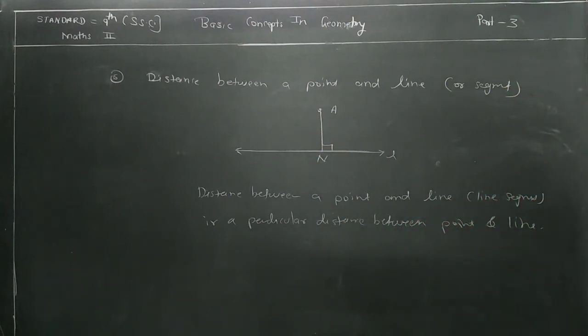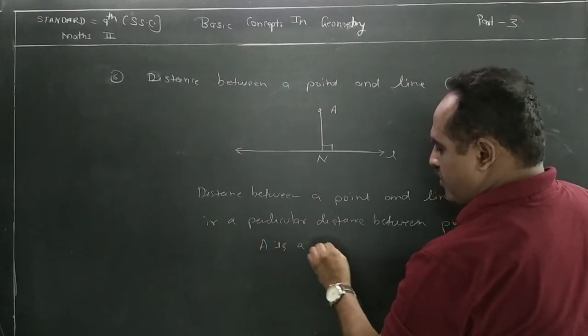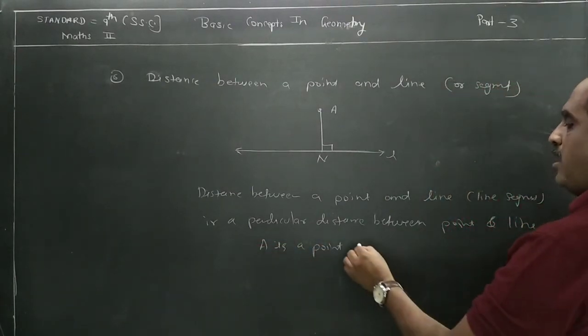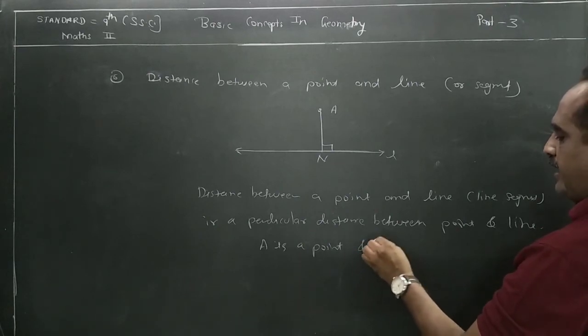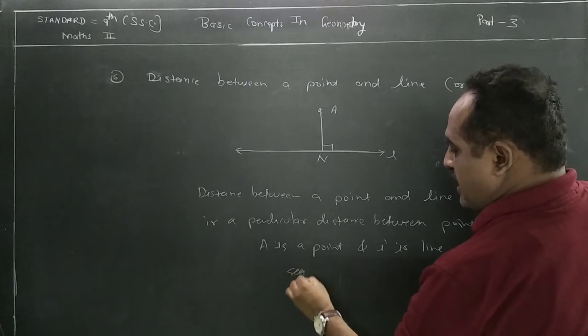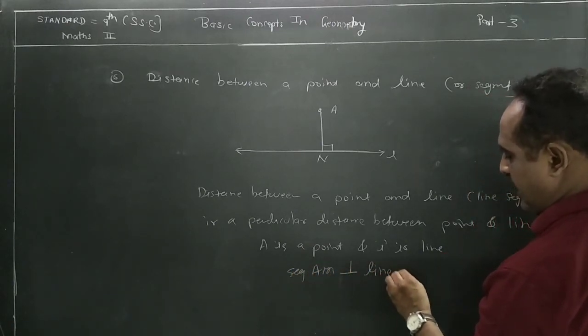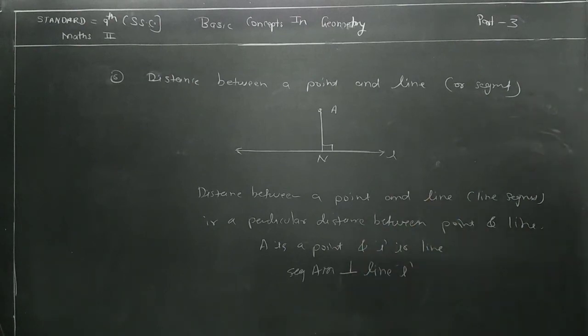So what can I write then? A is a point, and L is a line, and segment AM is perpendicular to line L. This is the sign of perpendicular.